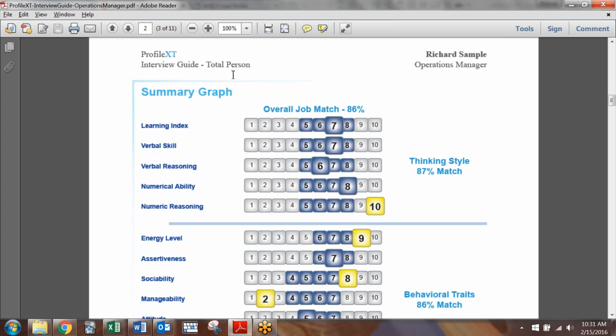The person who has the bucket is the person with a higher learning index score. They can take in a lot of information at once. You can slosh it in there and they'll retain it. Whereas the person with the jug may have the same capacity for overall knowledge or more, but they just don't take it in as quickly.